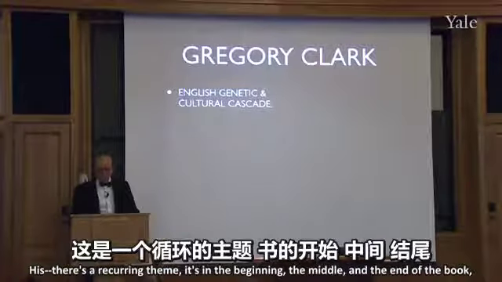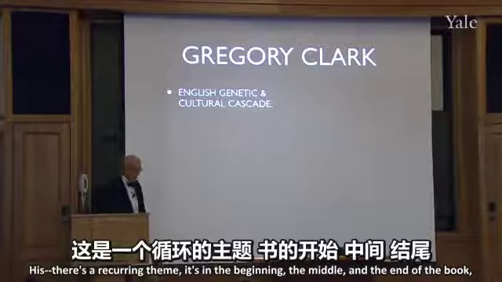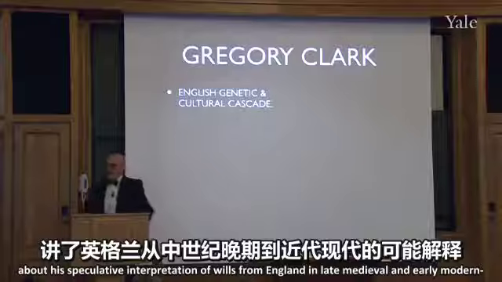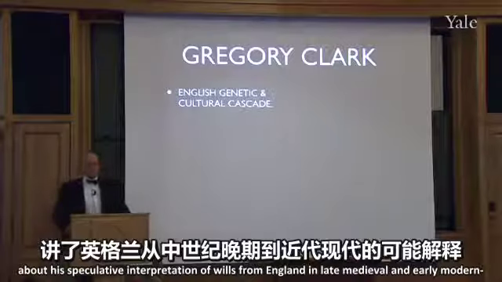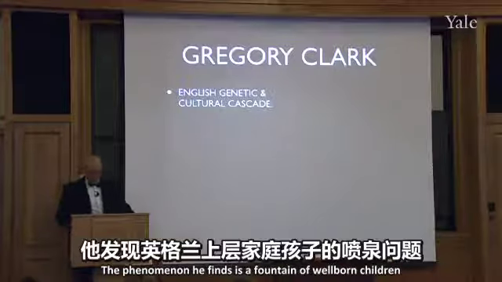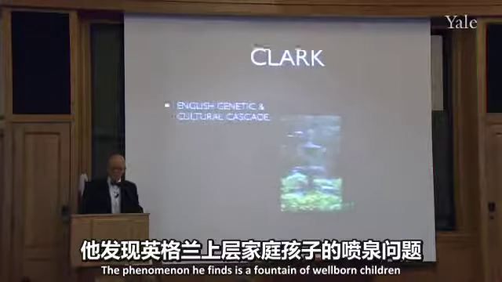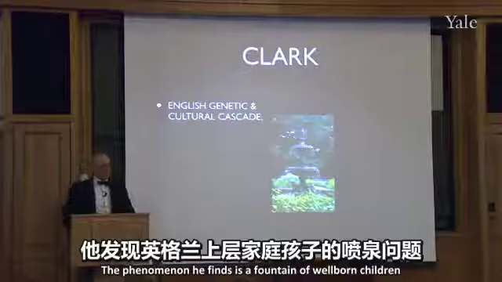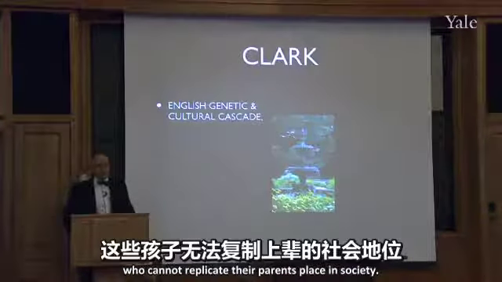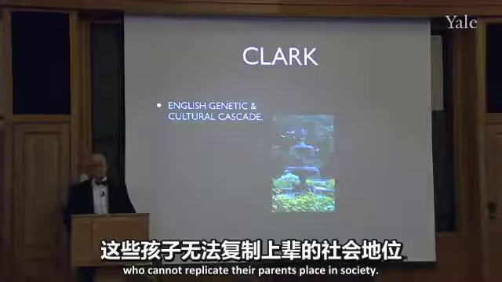And there's a recurring theme. It's in the beginning, the middle, and the end of the book: his speculative interpretation of wills from England in late medieval and early modern and right into modern times. And the phenomenon he finds is a fountain of well-born children who cannot replicate their parents' place in society.